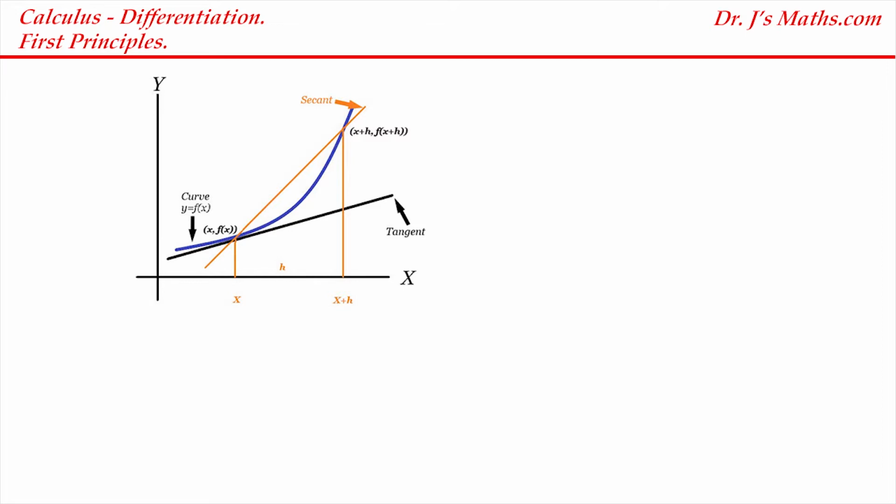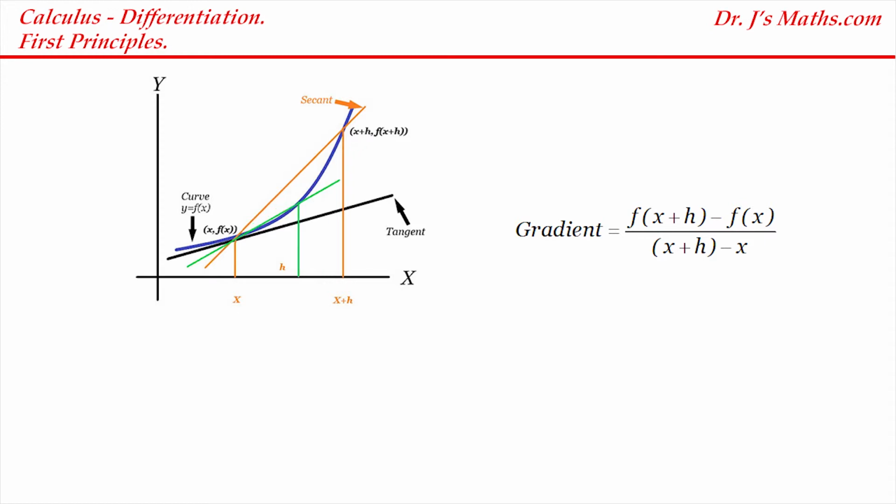It is now possible to define a gradient for the secant drawn between the 2 points as being the difference between the y values, f(x plus h) minus f(x), divided by the difference between the x values, x plus h minus x. Our approach is now to move the second point of contact between the curve and the secant down the curve so that it becomes closer to the point of intersection with the tangent.